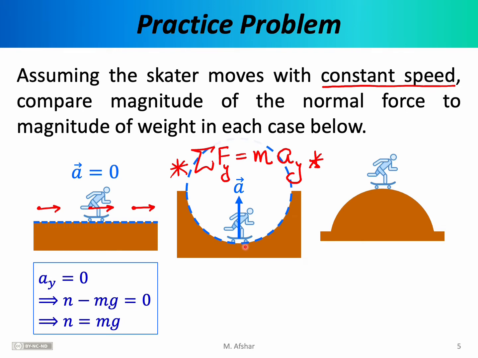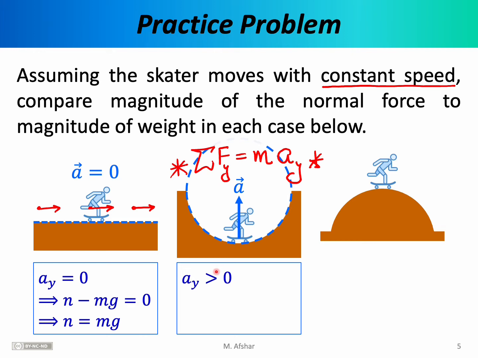Now we are interested in the y direction, so for now I'm just going to say that the acceleration in the y direction is no longer 0. It's some positive number. We will soon do examples where we will calculate things numerically, but for now let's just say that the acceleration vector in the y direction is not 0, it's some positive number.